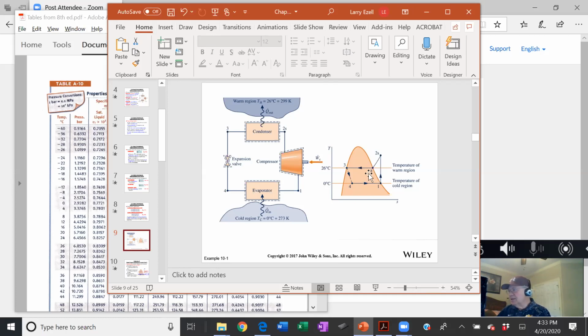But the problem is, the further apart these two lines are, the high pressure and the low pressure, the harder your compressor has to work. Your COP is really sensitive to the space between the low temperature and the high temperature. The pressure difference between the low and the high, that's your compressor work. So you tend to want to keep as small a gap between the low pressure and the high pressure as possible to give you the best performance for your design.